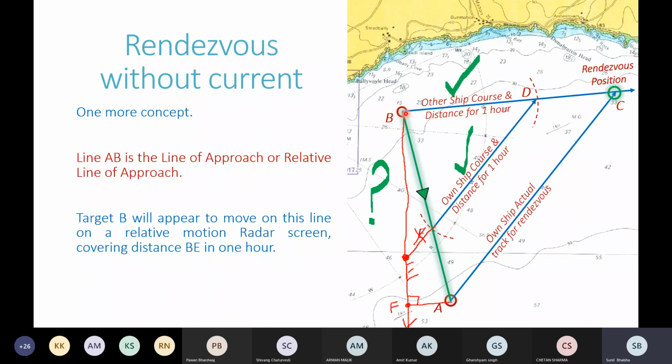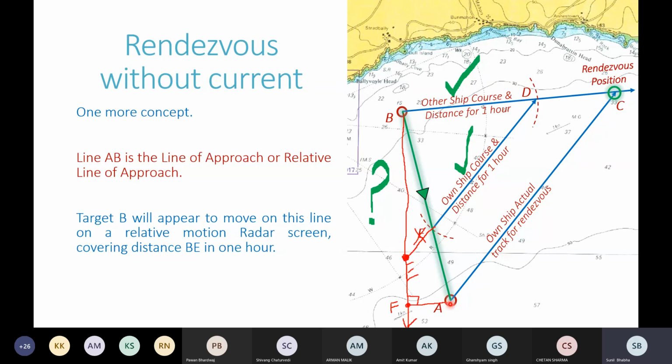Okay, if the line of approach was passing from our bow, see our ship is steering this particular course. So if the line of approach was passing ahead of us, then the other ship will be crossing from our bow. But in this particular case, the line of approach is passing behind us. So the ship will be crossing from our stern.